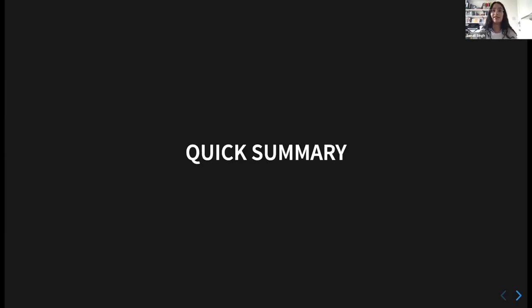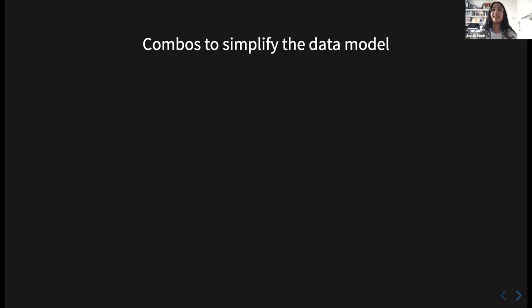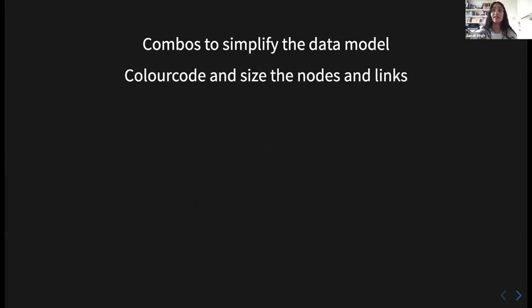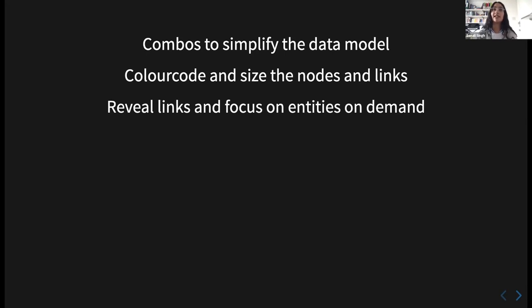A quick summary of all the features that we included: combos to group together your data, color coding and sizing the nodes and links to provide a higher level visual output that is useful and provides some insight, revealing links and focusing on entities on demand, as well as foregrounding nodes and links.